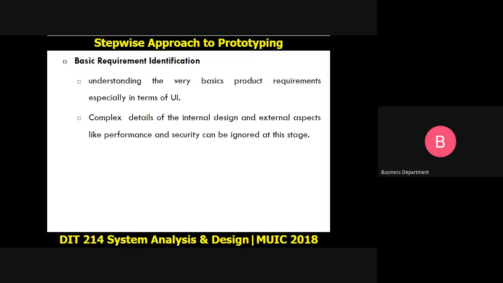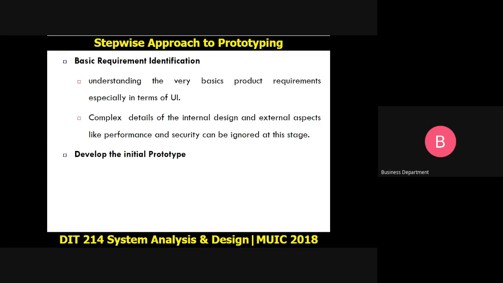So the most complex things, like how the system will be operating and what some external aspects will be, for example, making the system available 24/7 or making the system secure, will not be dealt with at this stage. This stage is purely for knowing what kind of requirements you want to capture in the system, without going into detail about the technical issues.